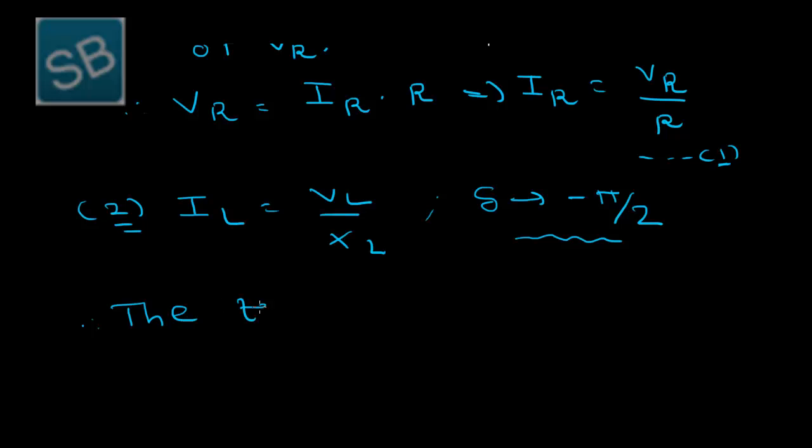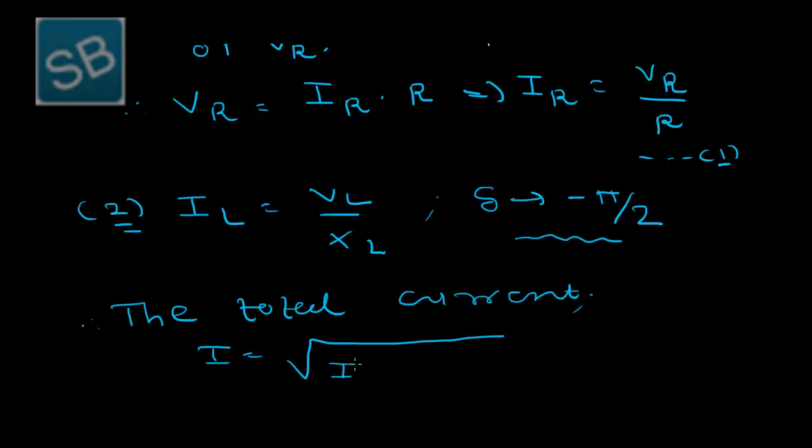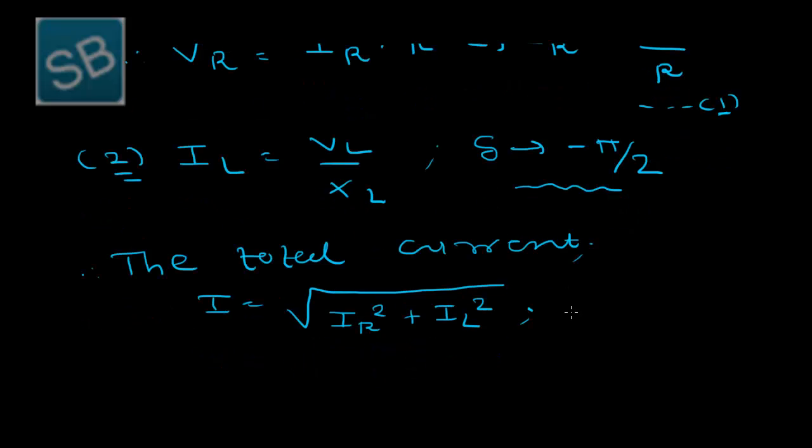The total current, or in proper terms the resultant current because there is absence of capacitors, is under root of IR square plus IL square, and the equation in terms of voltage will be under root of 1 over R square plus 1 over XL square, and this equation you can directly determine by putting the values of IR and IL in this equation.